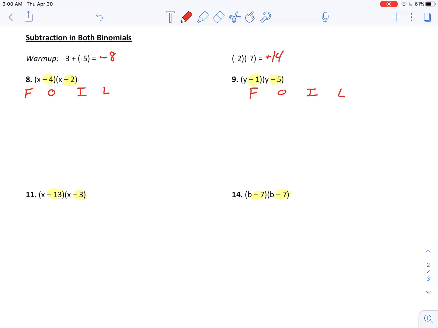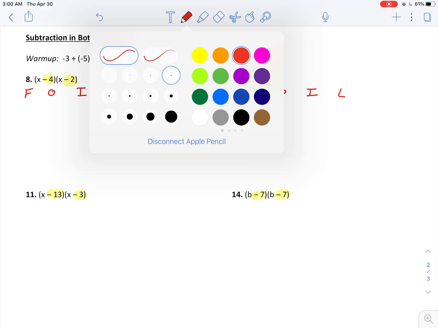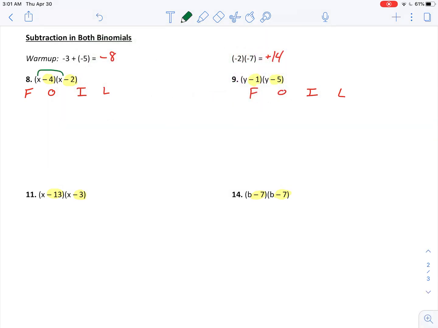I'll do the top two in this one. So my first product, x times x, is x squared. The outer product, so we did first, then the outer, x times a negative 2 is a negative 2x.